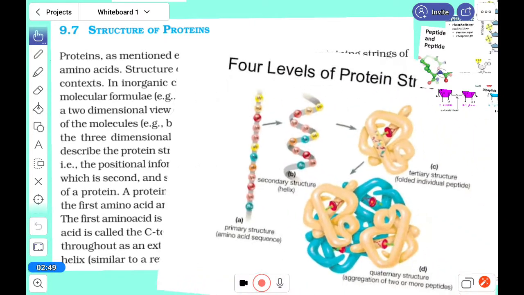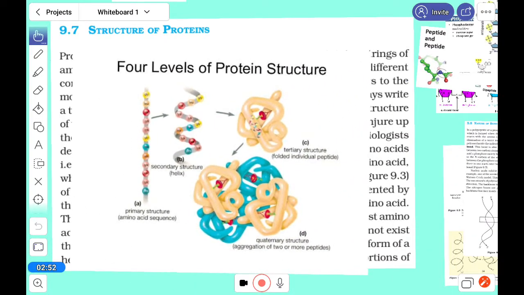Here it is, four levels of structure. First one, you can see primary structure, amino acid, the primary structure level. So look at here the heteropolymer, you can see the different colors, the beads like that. These are the amino acids, different amino acids.